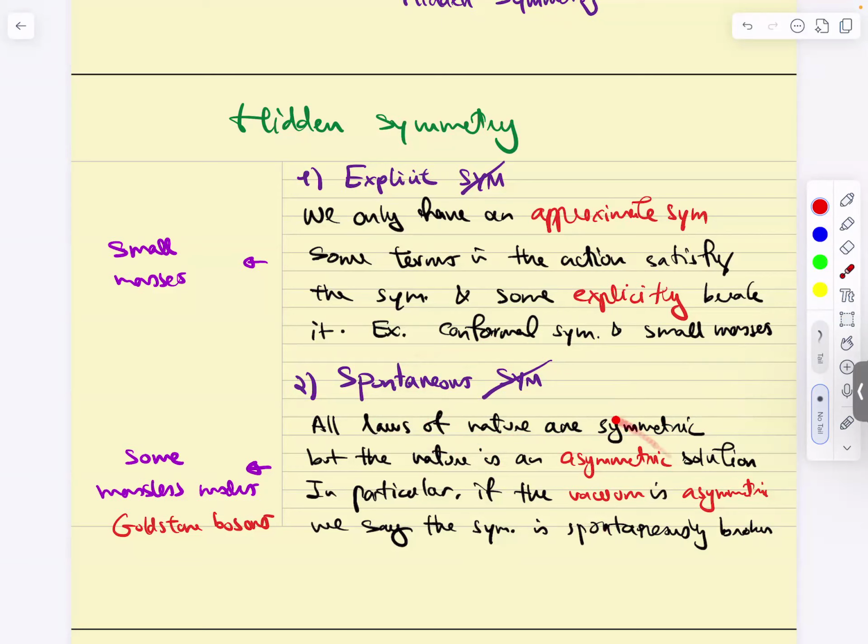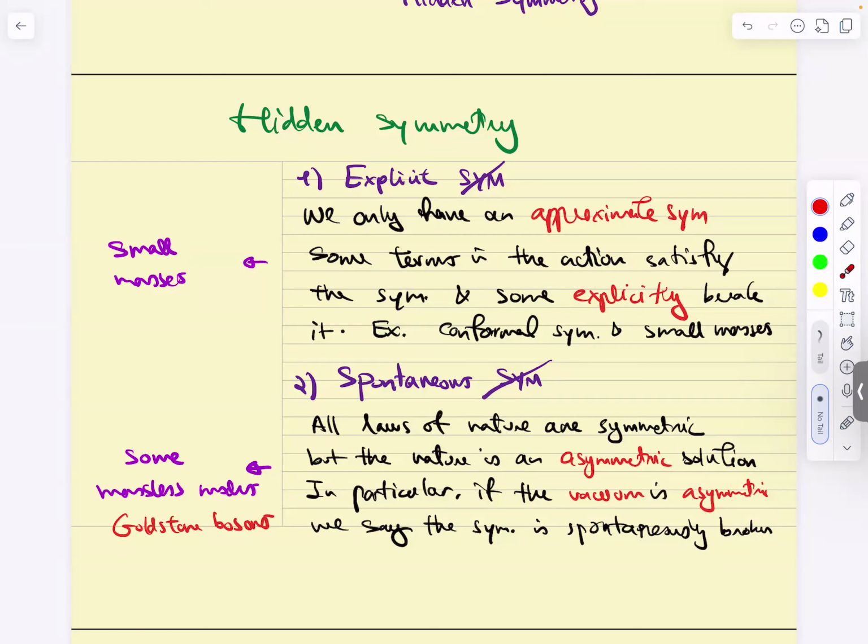The solution we're given doesn't respect symmetry. Laws of nature, F equals ma, are rotation invariant. This room certainly is not rotation invariant. This room is a collection of excitations. It's a solution to the equations of motion. There's a chunk of matter here, a chunk of matter there. The equations are rotation invariant, however, this room is not. The solution is not.